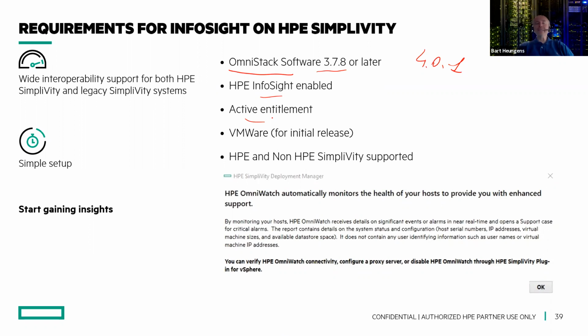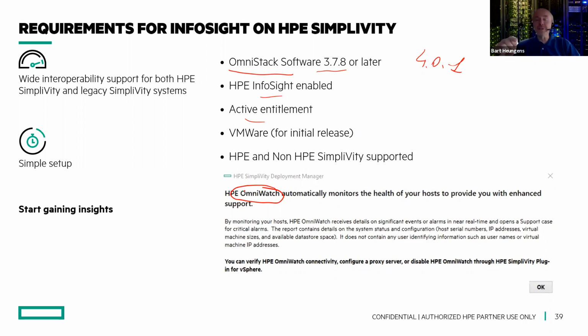And at that moment, the only thing that you needed to do: in SimpliVity there's a tool which exists already a long time, called OmniWatch. OmniWatch is finally the E.T. phone home functionality from SimpliVity. So in every SimpliVity cluster there is OmniWatch, and it's been sending data to the SimpliVity team for years already. But now with 3.7.8, OmniWatch can be configured.